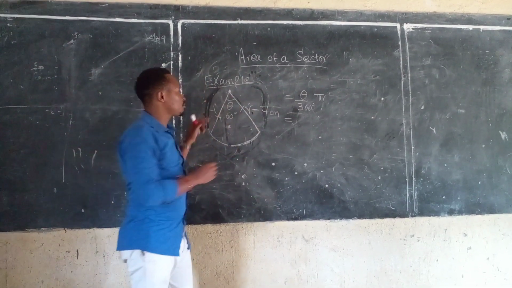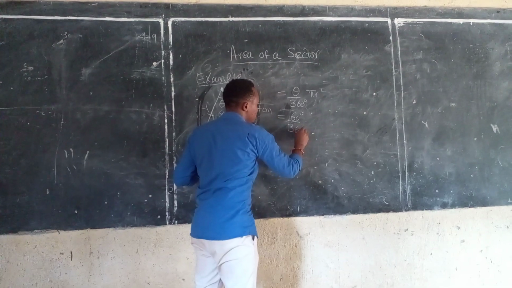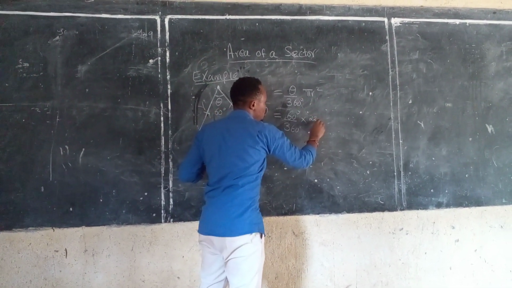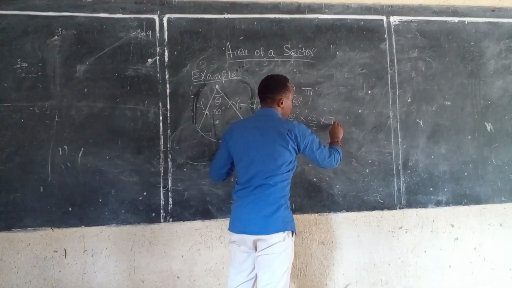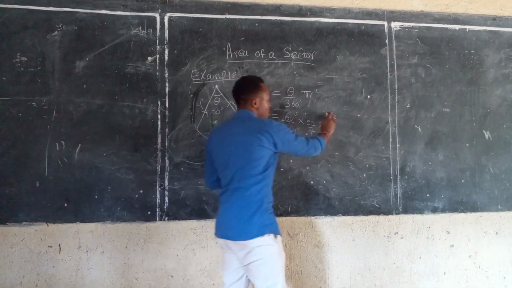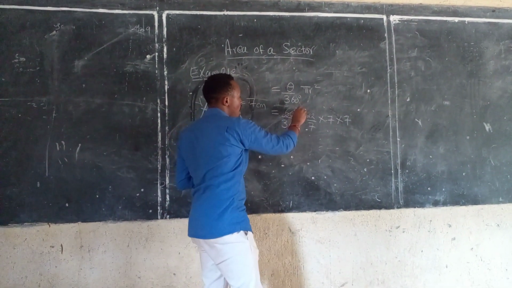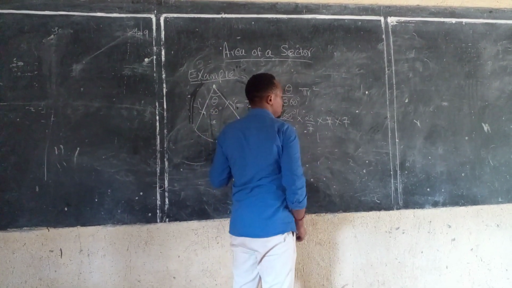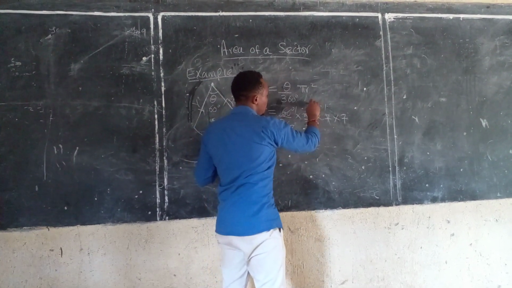So in my case, the area is going to be, theta is 60 degrees over 360 degrees times pi, which is 22 over 7, times r squared, that is 7 squared, which is the same as 7 times 7. So by 6, 1 by 6, by 7, 1 by 7, 1 by 2, 3 by 2, 11.